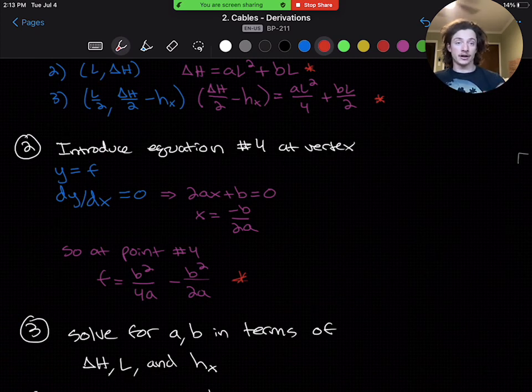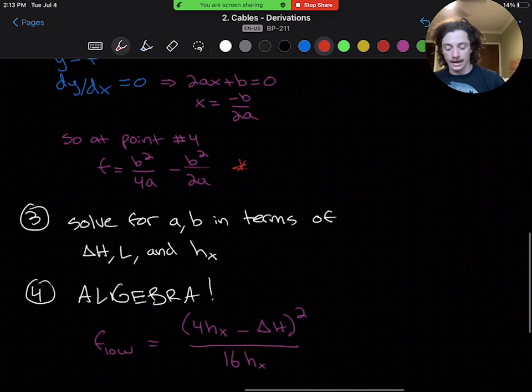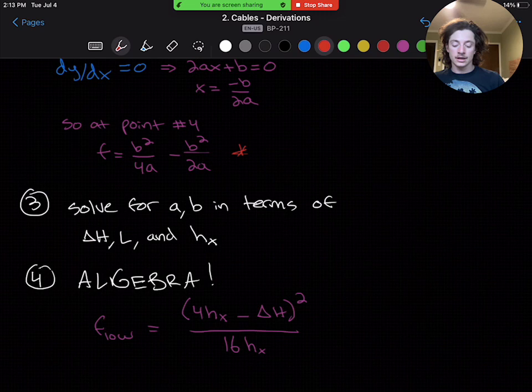And I used that to confirm that I had reached the correct value. I plugged a few numbers in, and then I used the value from the bridge binder to corroborate that. I knew I had everything sorted, and then I went ahead and did my final long simplification of the algebra, and you arrive at your f-low equation of 4h sub x minus delta h squared over 16h sub x.